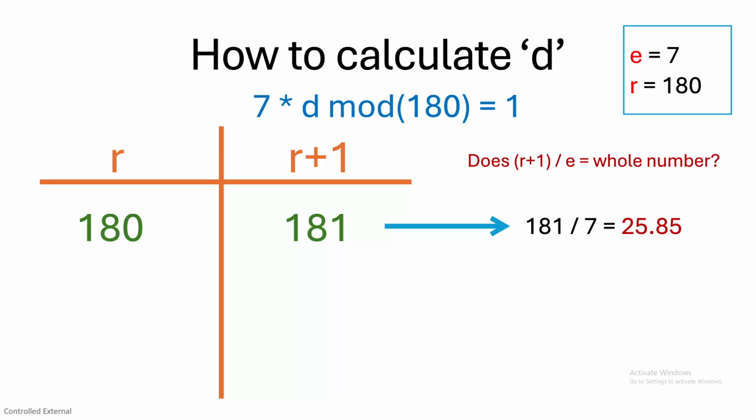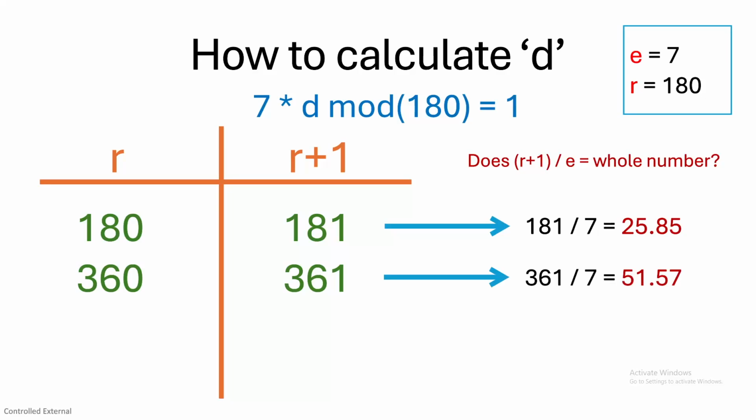So the next thing that we want to do is do 2R. So now we've got 180 plus 180, 360. Then on the right we've got 360 plus 1, and we do the same thing. 361 divided by 7, does it equal a whole number? Again, no, so we do the same thing again. Now we've got 3R, so 180 times 3, 540, 541 on the right.